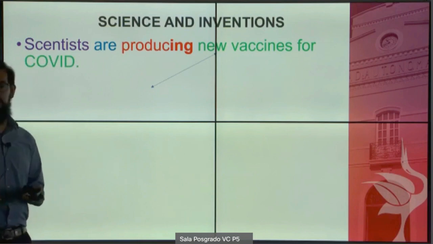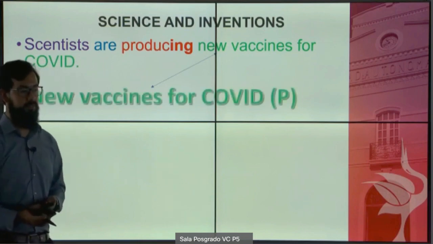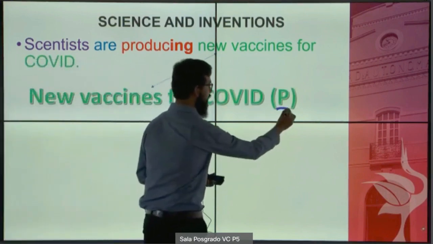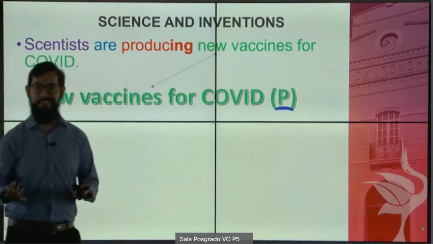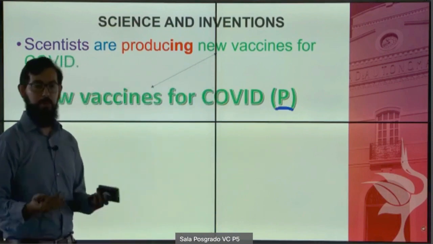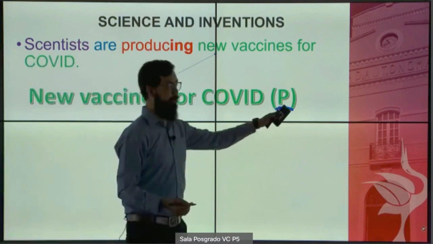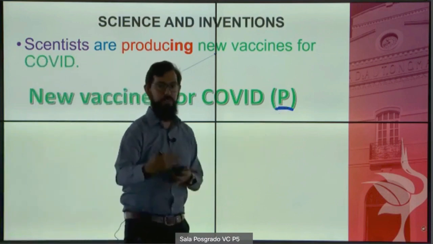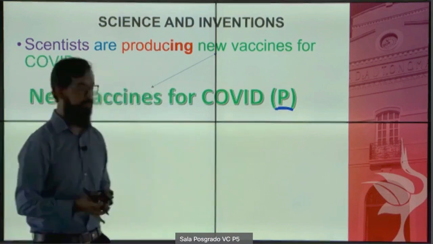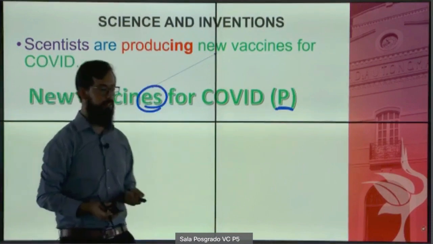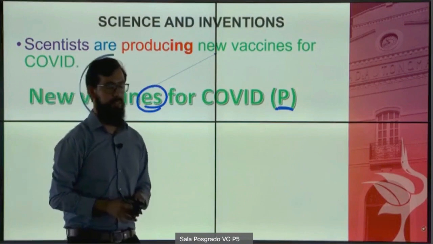Now it's going to be the subject of the sentence. Okay? What is this? The P or an S. Singular or plural subject or noun. This is plural. But remember this, because it's going to help us. Because it's vaccines. Right? New vaccines.